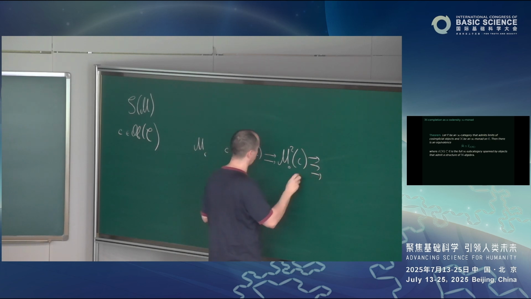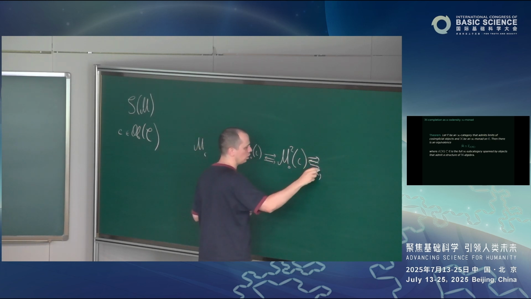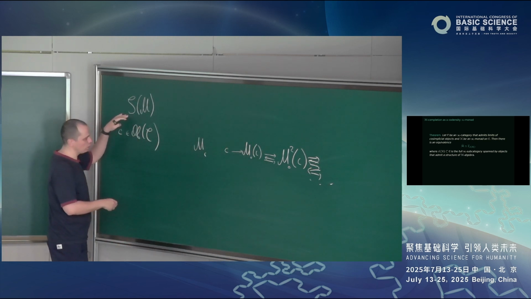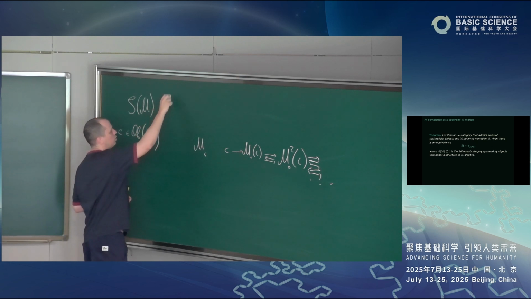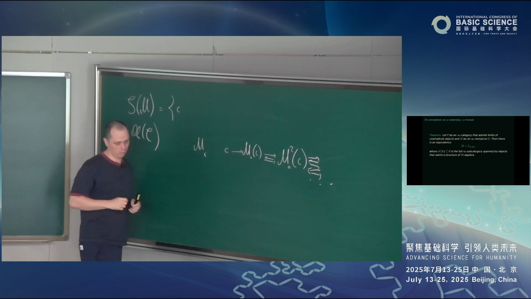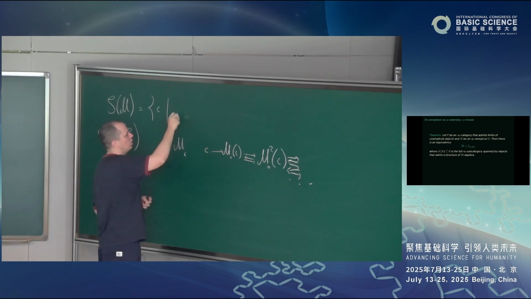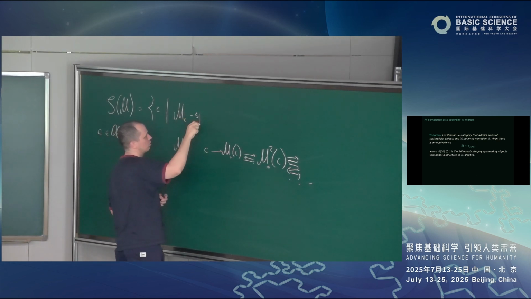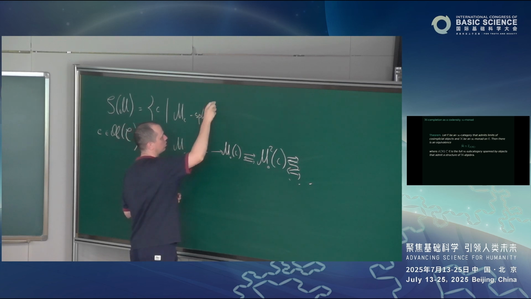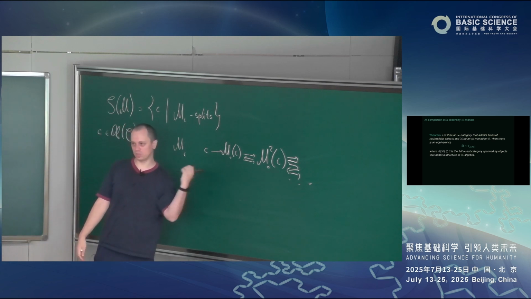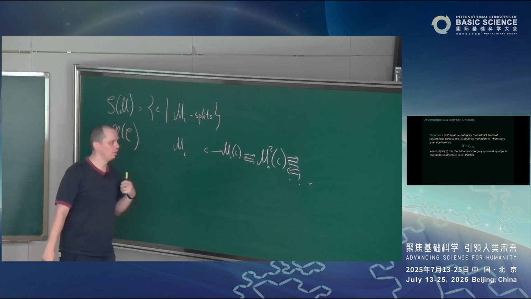This cosimplicial object. And by S of M, we denote the category spanned by objects such that this M^•C splits, such that this cosimplicial object has a natural splitting.